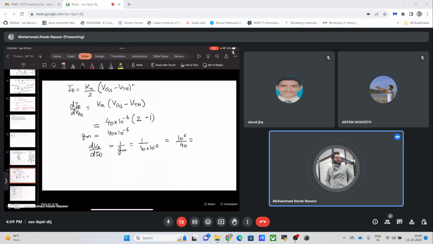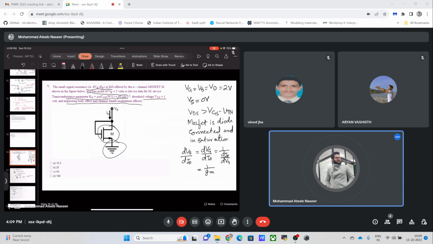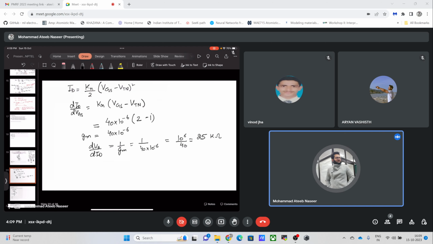So it is absolutely equal to 25 k. So it is equal to 25 kilo ohm, yes, it should be in kilo ohm. So this is the correct option to go with. We have selected the correct option.